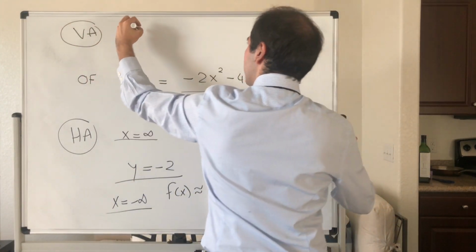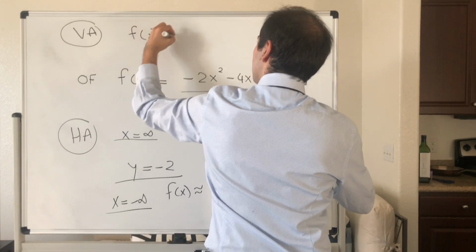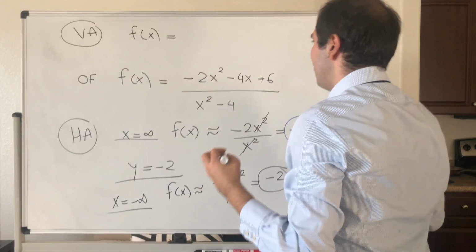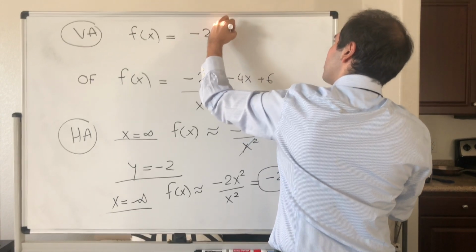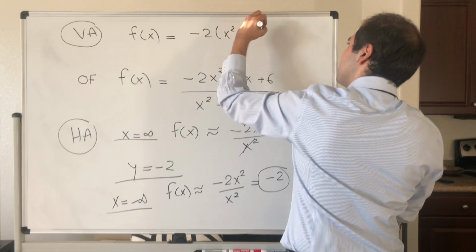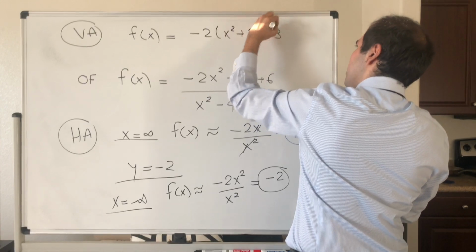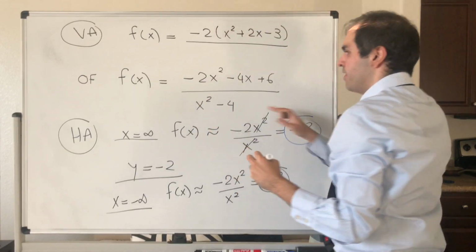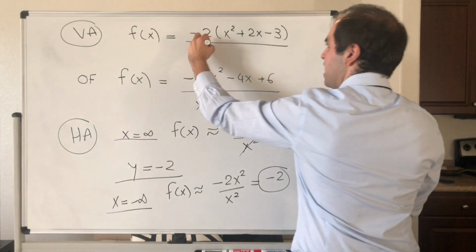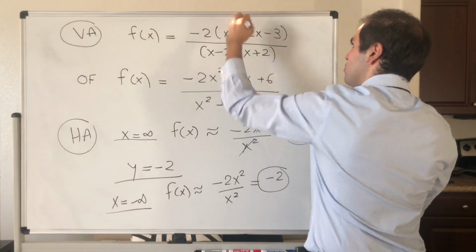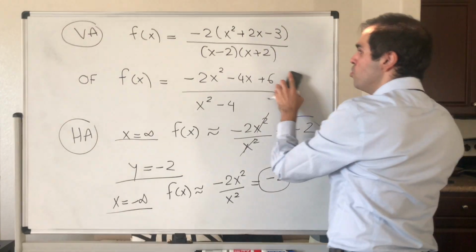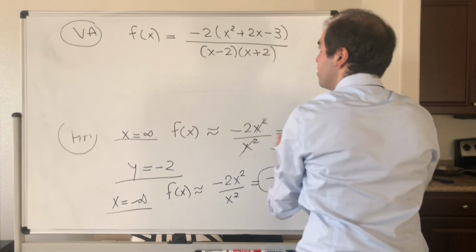So for f of x, we need to factor this out, so we get minus 2 times x squared plus 2x minus 3, I believe, over x squared minus 4, which is x minus 2 times x plus 2. Then the numerator, let's factor this out.